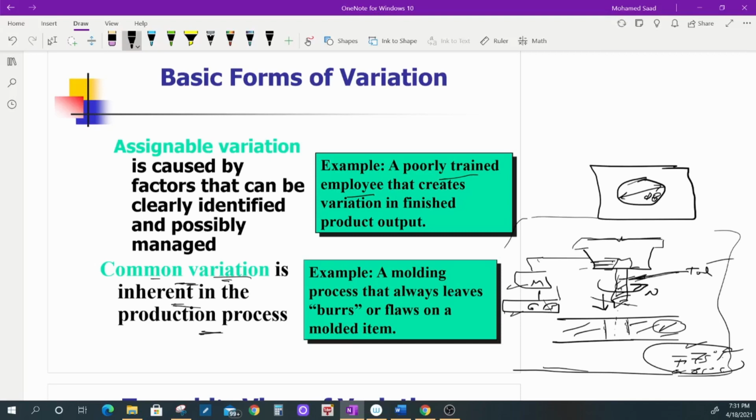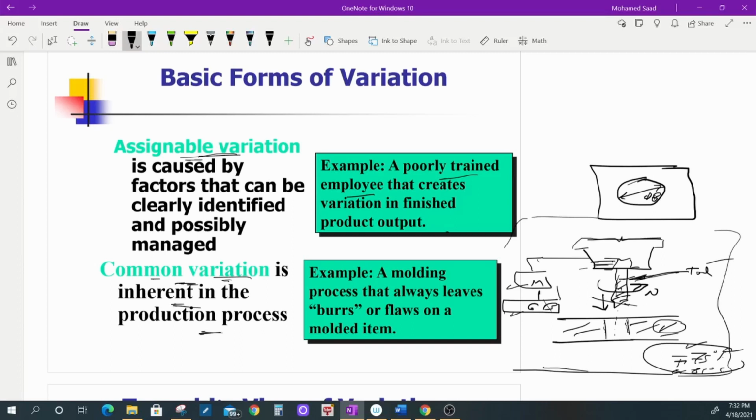So again, the assignable causes of variation are variations that can be fixed or even eliminated because they are not inherent to this process. It's because of something that's not normally part of this process. Normally when you have a process, you have a trained operator to work with it.